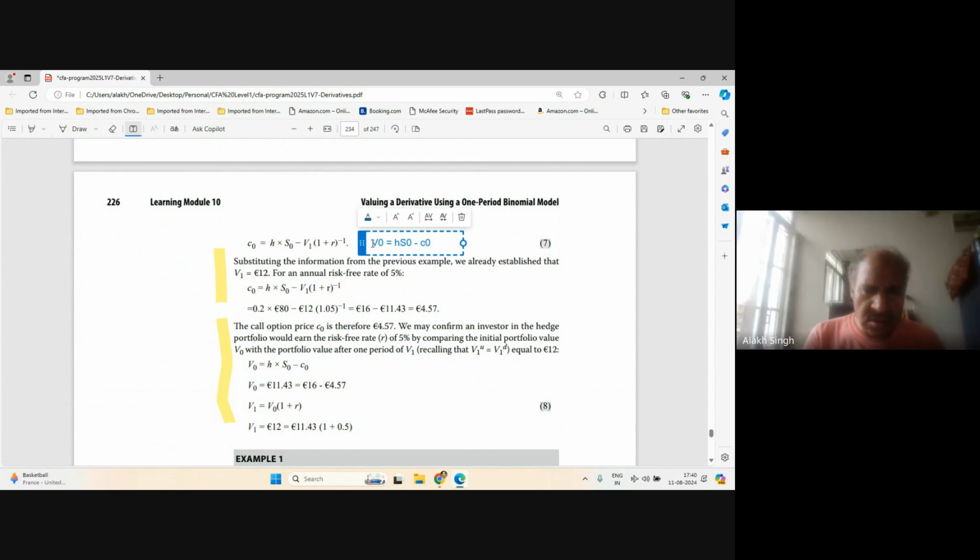So hence C0 is equal to HS0 minus V0. That's it. And this one is our V0, so V0 is V1 times 1 plus R to the power minus 1.